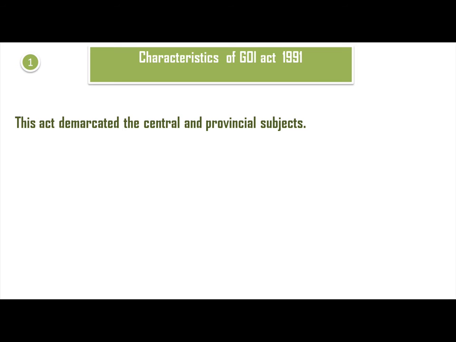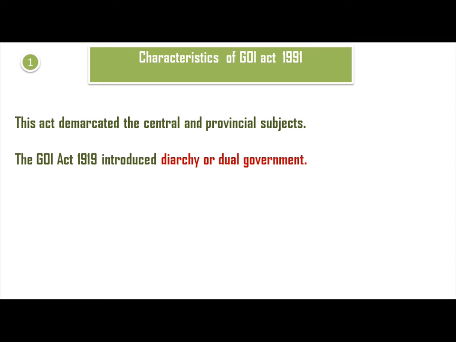Please remember that. Just like the present day, at that time also the British government separated the central government and the provincial government. The next point is that the Government of India Act 1919 introduced a diarchy. This diarchy is also called dual government.